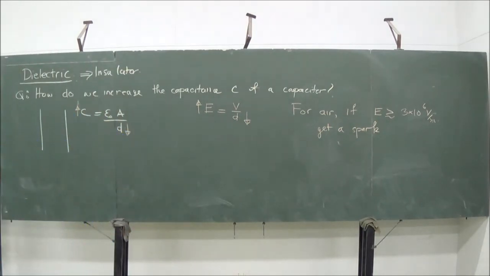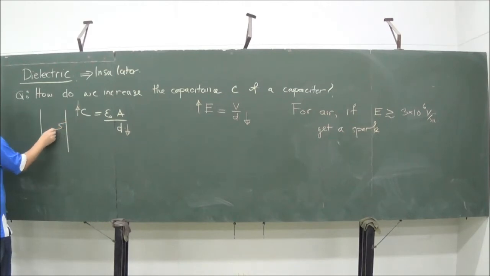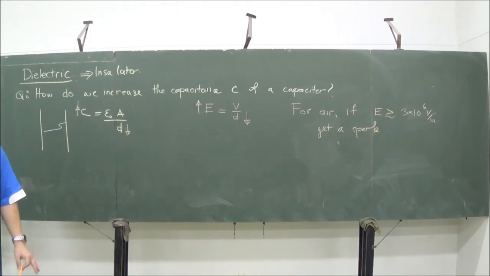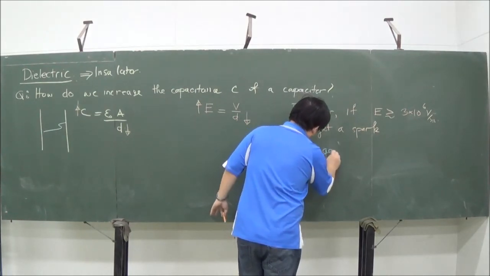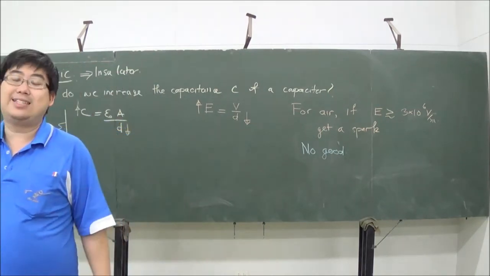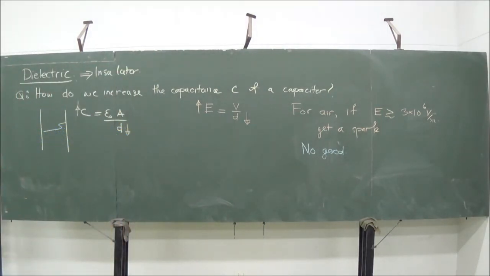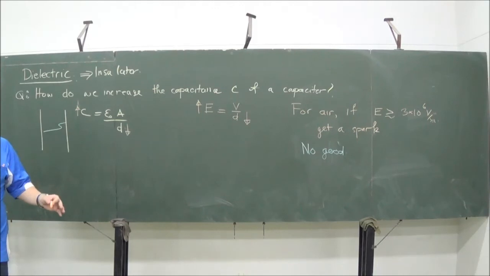What does it mean by spark? It means that the charges transfer from one plate to the other. And this is no good for capacitors, because it means that you lose the charges you stored on the plate. So increasing A and decreasing D, you can do it, but only to some extent.